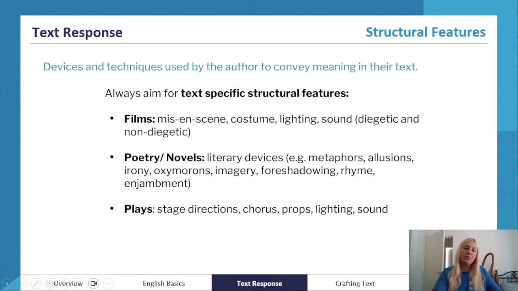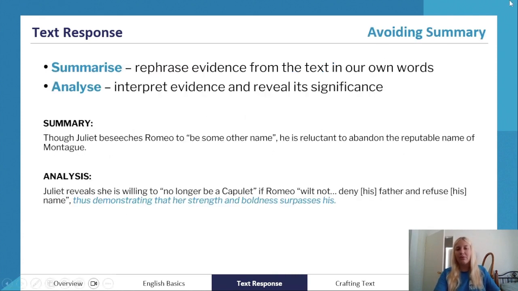So, for example, for films, the expectation, if you do a film this year, is that your evidence should be approximately 50% film devices and techniques, and 50% quotes that you think are significant, characters and themes and all of that. So a 50-50 split. Make sure to get really confident, research your text and become really familiar. You'll need these skills for crafting text as well, to work with different genres and text types.